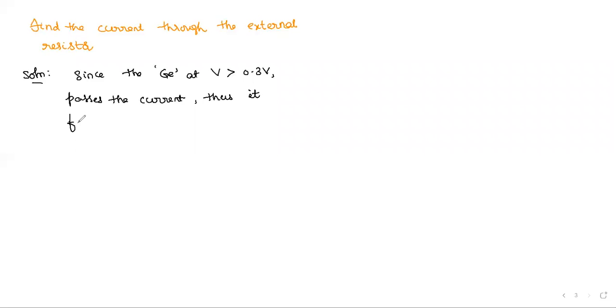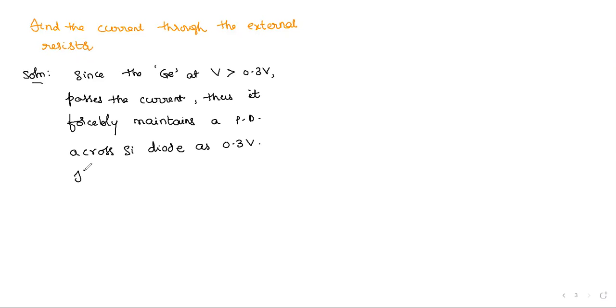Thus, it forcibly maintains a PD across the silicon diode as 0.3 volts.